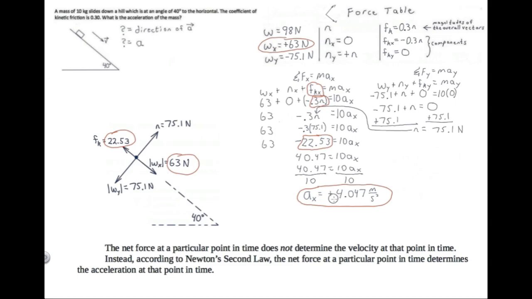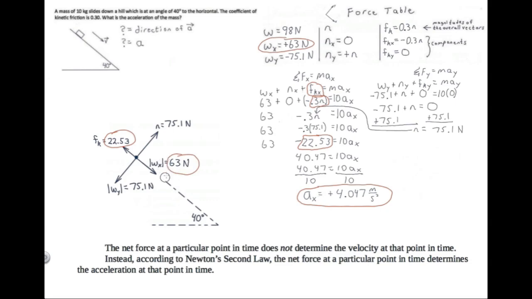Does it make sense that a sub x came out to be positive? This means that a sub x is pointing in our positive x direction, which is parallel to and down the hill. Why does that make sense? Well, a sub x will depend on the forces in the x component. The forces in the x component are W sub x and the kinetic friction force.